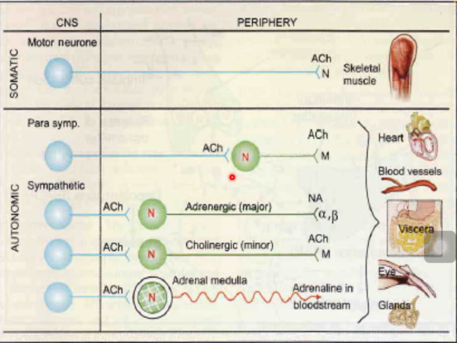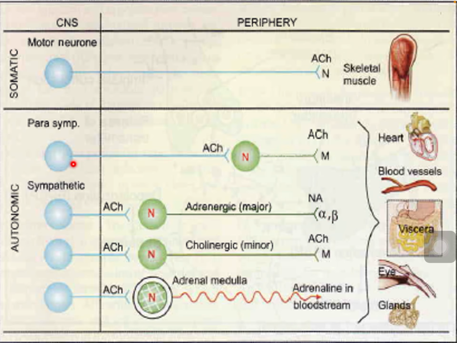This is the autonomic ganglia, and the autonomic ganglia sends postganglionic fibers to the effector organ. The effector organ could be any of these: heart, blood vessels, viscera, eyes, glands, etc. The same goes for sympathetic: the cell body, the preganglionic fiber, ganglia, and the postganglionic fiber.